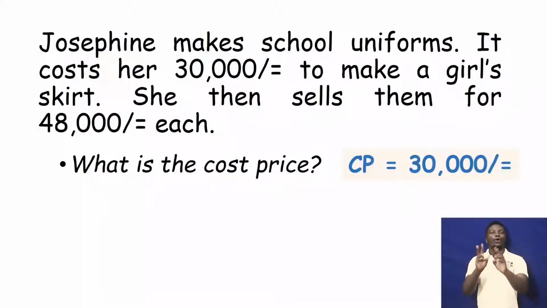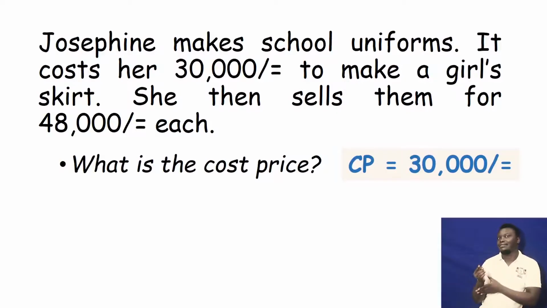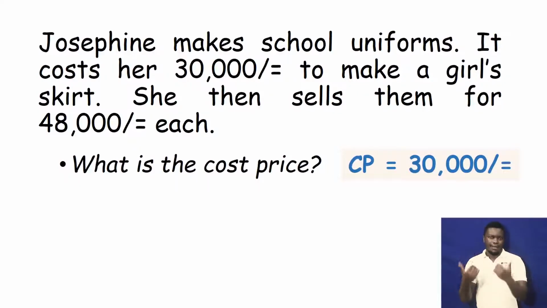So let's understand this question. Josephine makes school uniform and it costs her 30,000 to make the girl's skirt. Even if we stop there, that means the cost Josephine incurs to make a skirt is 30,000 Uganda shillings. Therefore, the cost price is 30,000 Uganda shillings.